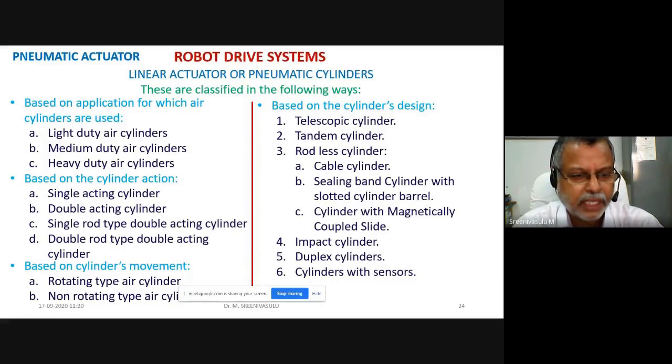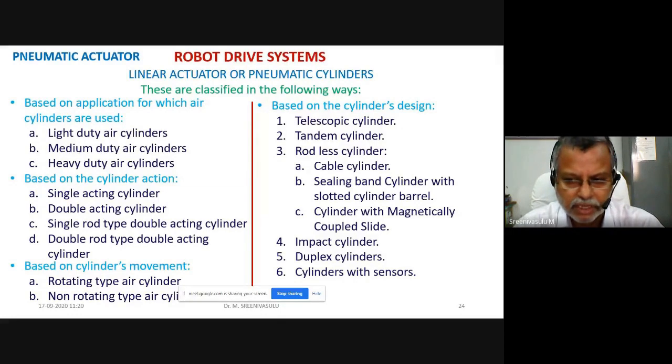Light duty, medium duty, and heavy duty, based on the application for which that cylinder has been put in use. It is with respect to the extent of the loads or the criteria of targets you are trying to handle. I have not got a crystal clear classification between these three.